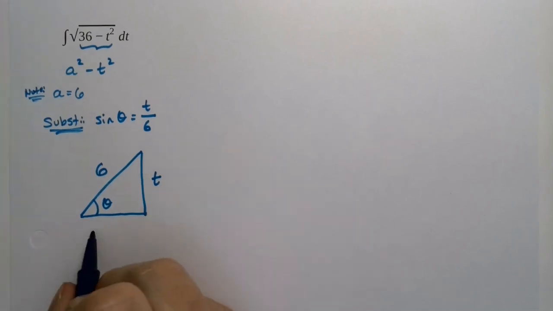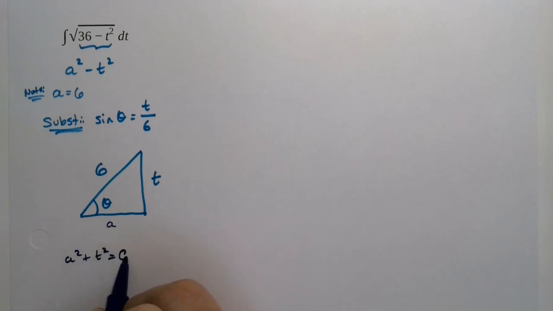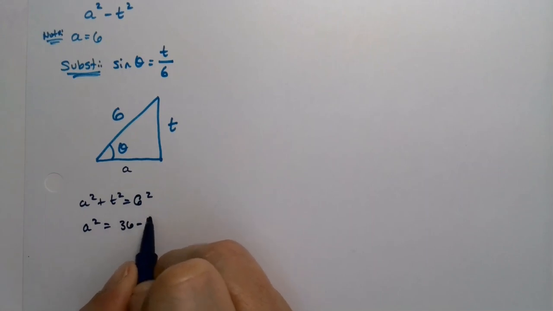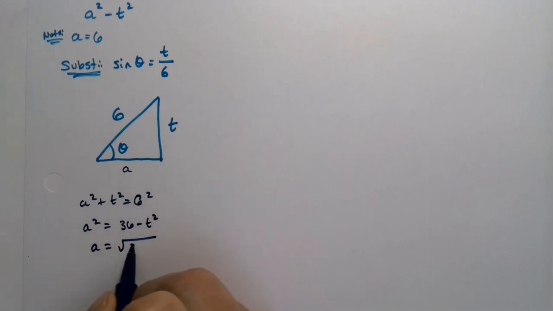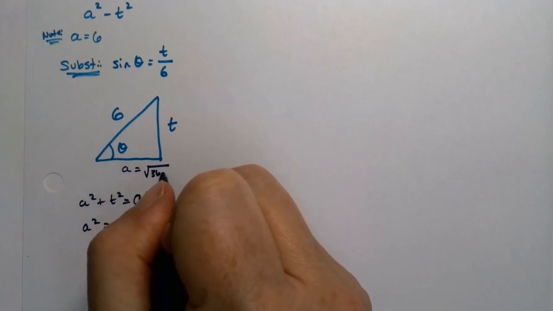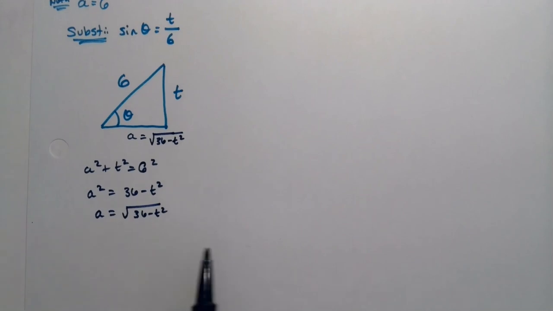It's the square root of 36 minus t squared. But you can see it because if I call this side a, then a squared plus t squared must be equal to 6 squared, which would mean a squared is equal to 36 take away t squared. So a is equal to the square root of 36 take away t squared. So that's this side right here. We knew it from the page before, but that's how you can prove it.